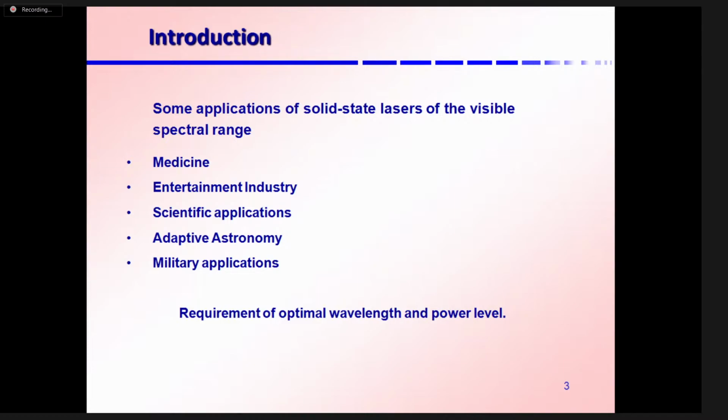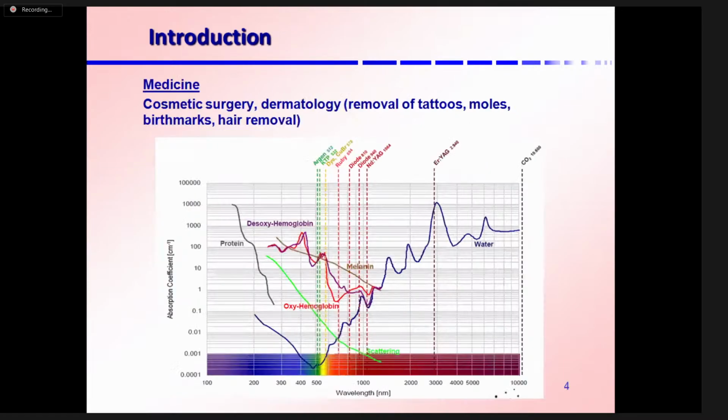And also it is necessary to use a certain power level of the laser system, and that's why it is necessary to think about this.